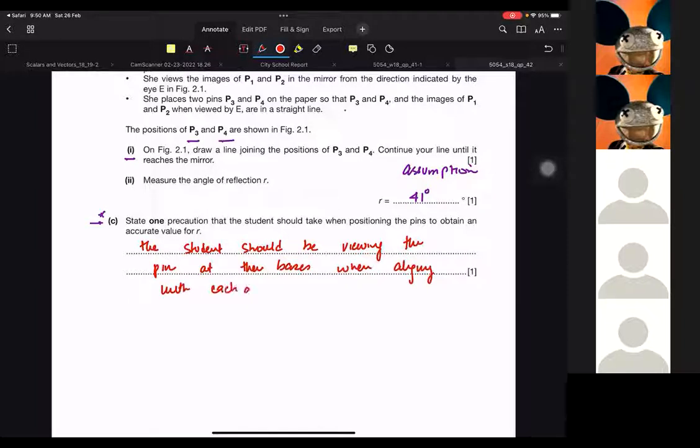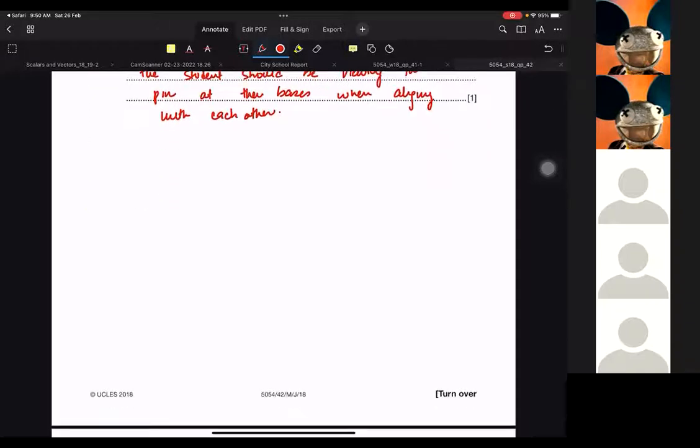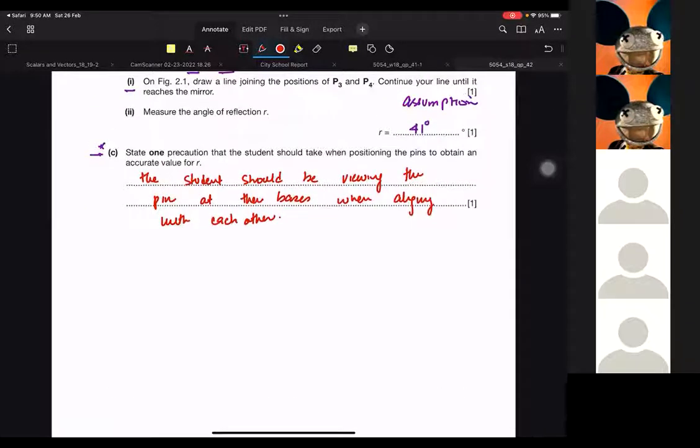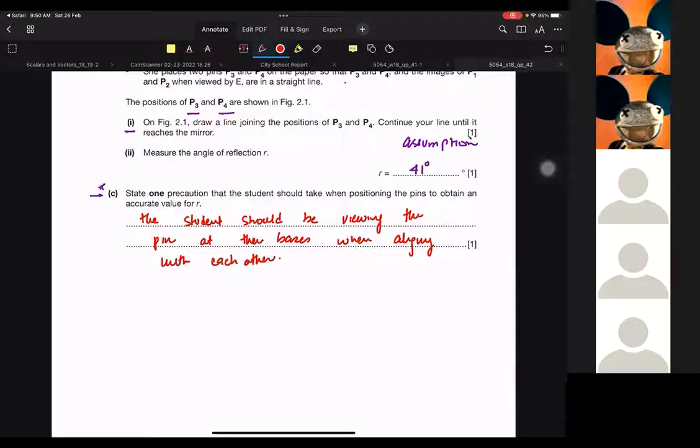So this is one point: whenever pins come, do remember to look at the base, and that is going to help you a lot. Finally, if you have any questions in this question, please let me know.